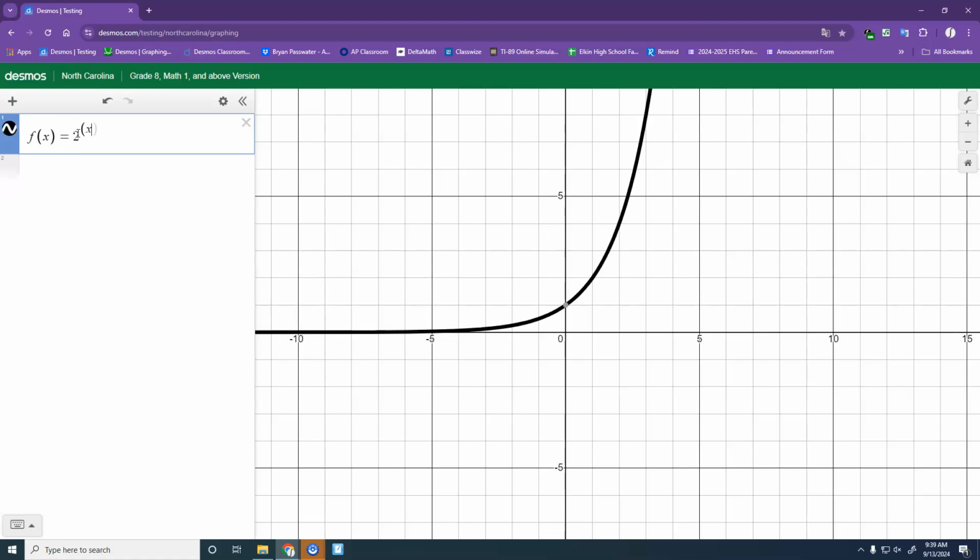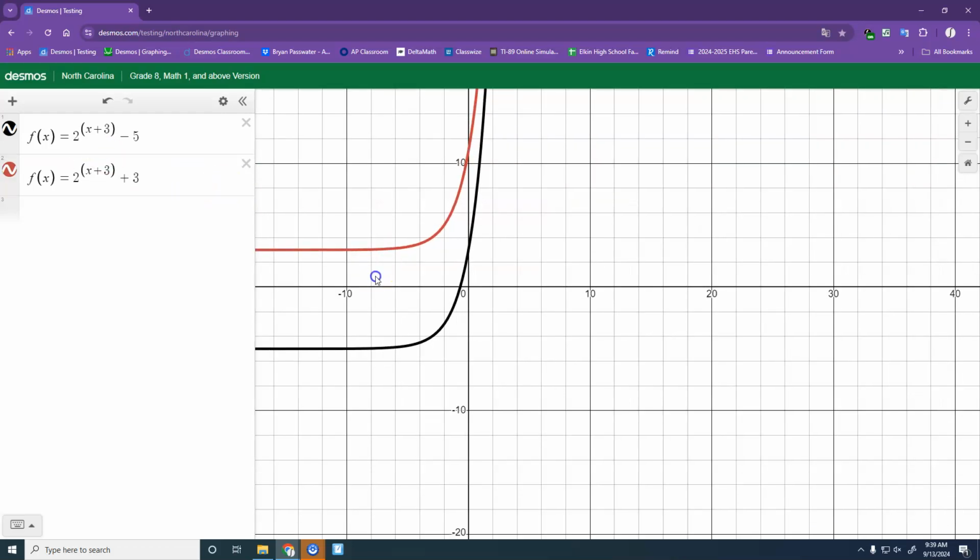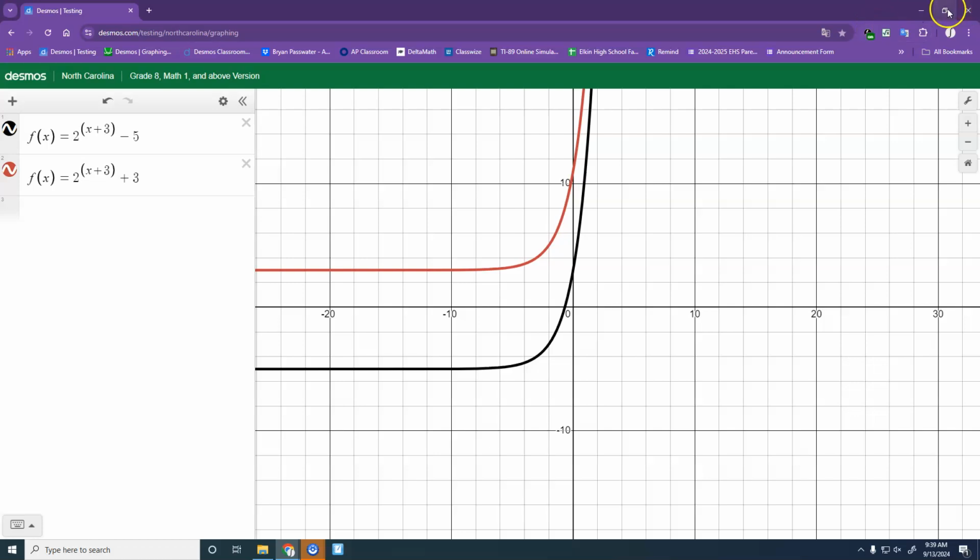And then another function equals 2 to the x plus 3 plus 3. Actually I shouldn't call it F, I should call this one G. The black graph is my F function, my red graph is my G function.